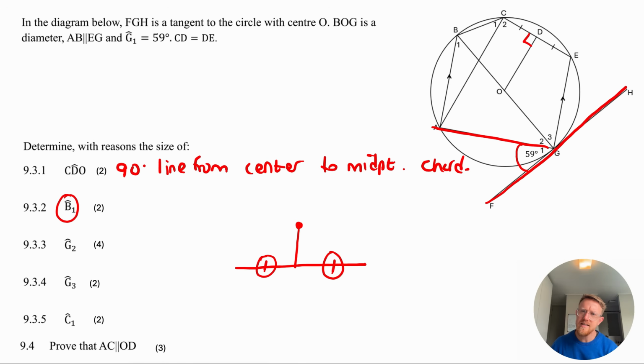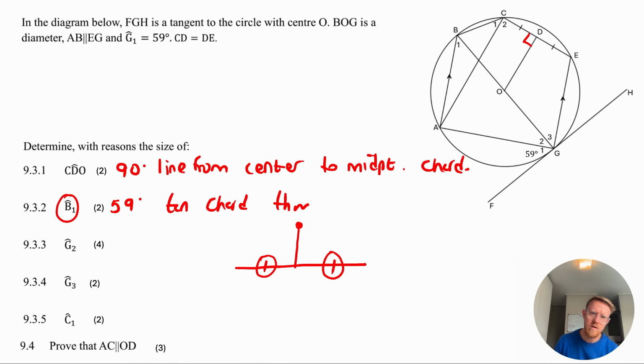So if we then take the edges of this chord and this chord here, and we see where they come together at B1, we can use the tan chord theorem and say that this angle and this angle must be the same because of the tan chord theorem. So we can just say 59 and we can just say tan chord theorem.